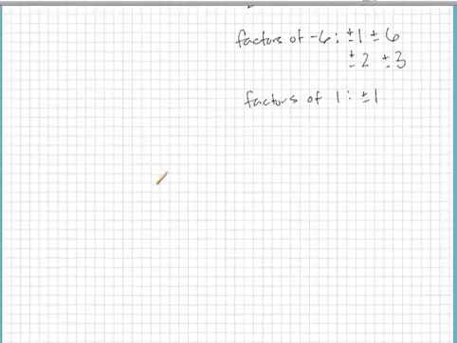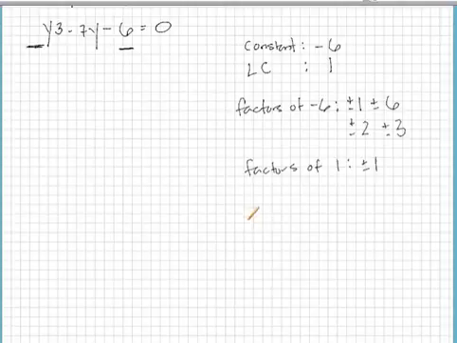Your possible roots for this equation are all factors of the constant over all factors of the leading coefficient.